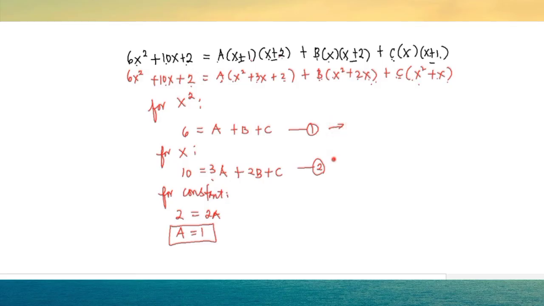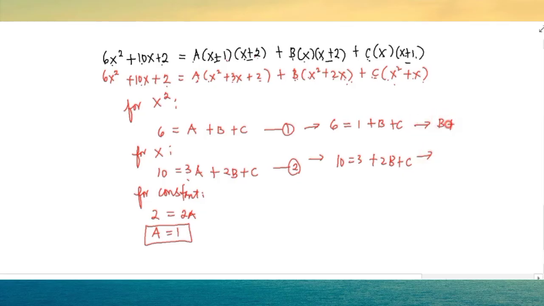So, we have, if a is 1, so 6 is equal to 1 plus b plus c. And dito, we have 10 is equal to 3 times 1, so that's 3 plus 2b plus c. So, simplifying further, and we have b plus c is equal to 6 minus 1, so that's 5.